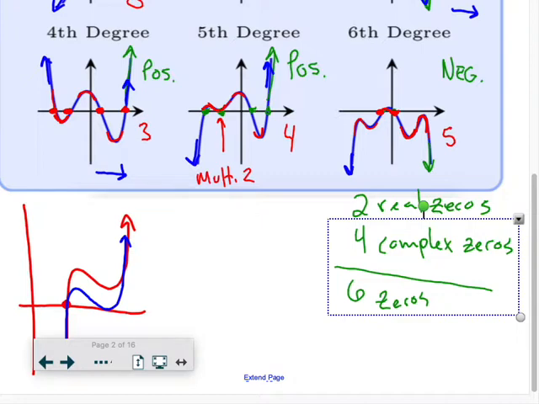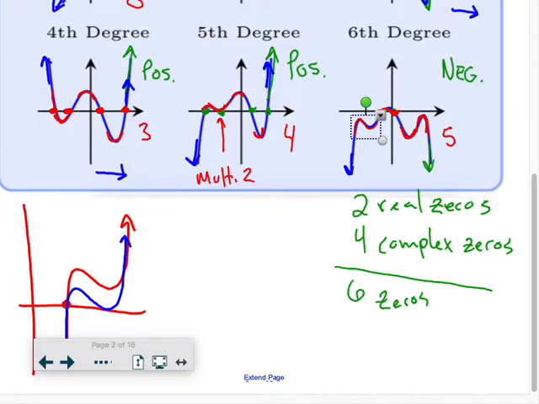But I can tell you, and we talked about this before, if the curve turns and switches its concavity twice, right? So here you can count the 2 turns, 1 turn and then 2 turns. If it turns twice and does not cross the x-axis in that process, that's an indication that there will be complex zeros as part of this function, okay?